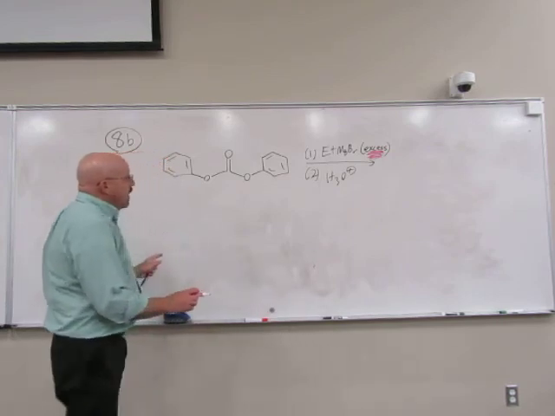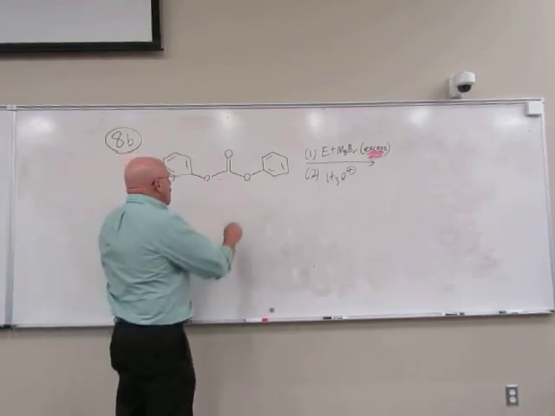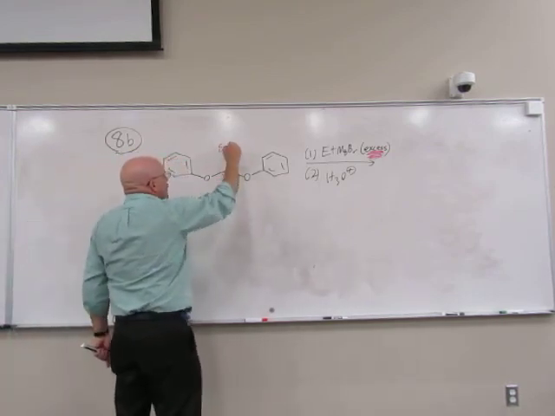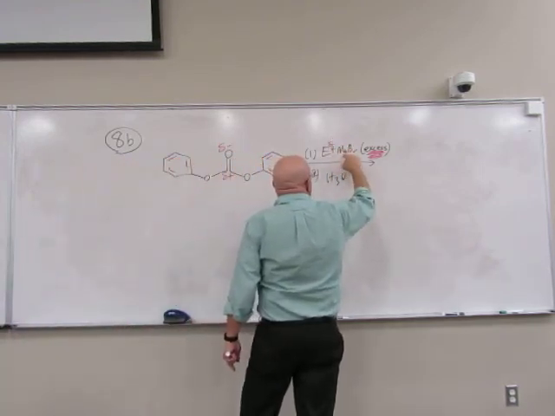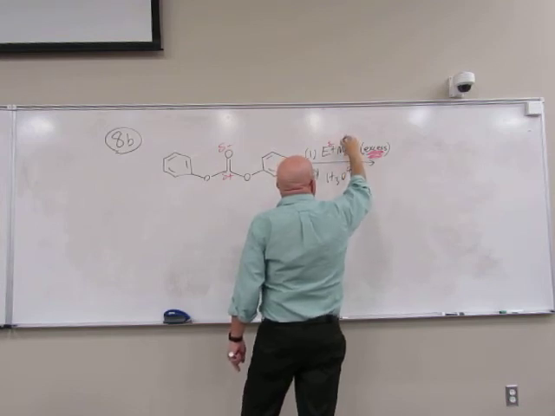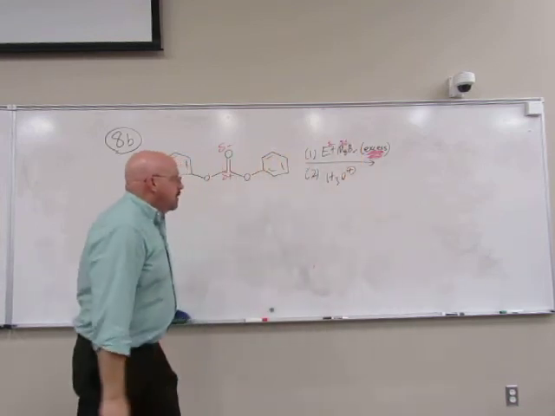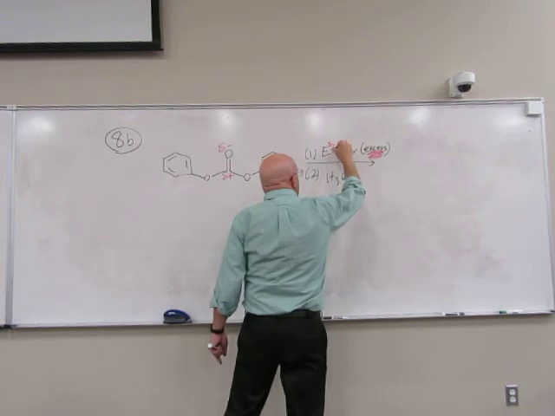Okay, so let's see what we've got. We have a carbonyl, with partial positive charge on the carbonyl carbon and partial negative on the oxygen. With the Grignard, partial negative on the carbon attached to the metal, partial positive on the metal. So it's that ethyl group.